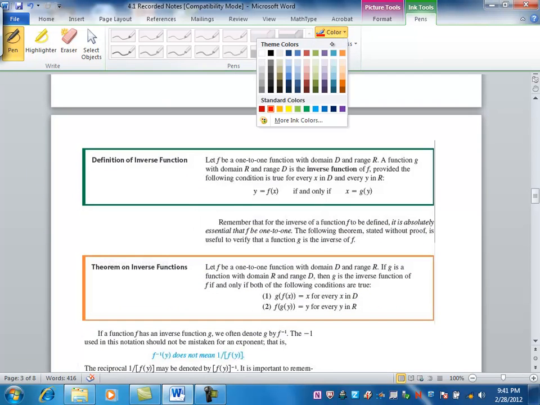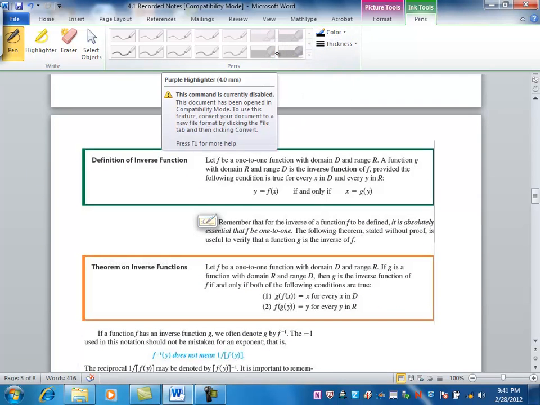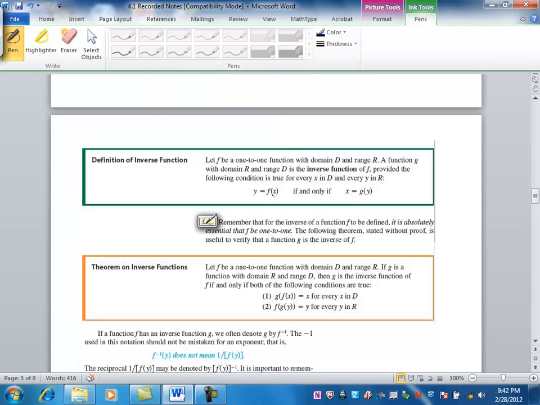If we take a one-to-one function f with a domain of D and a range of R, a function g with a domain of R and a range of D would be the inverse, provided the following condition is true: y is the output of f of x if and only if x is the output of g of y. And it's got to be the case that your function is one-to-one for an inverse to exist.